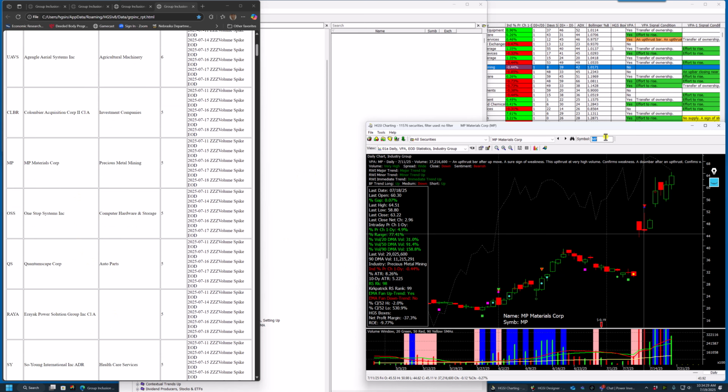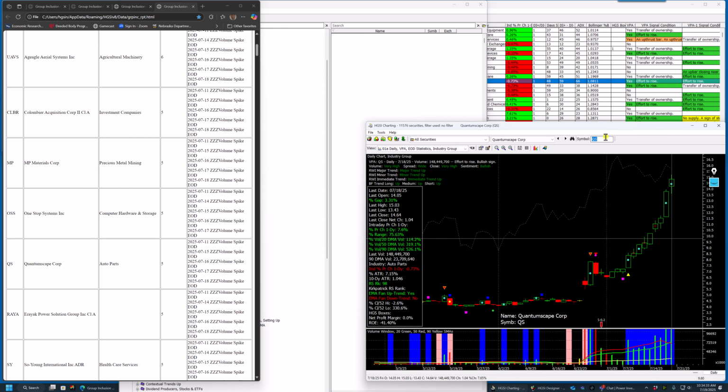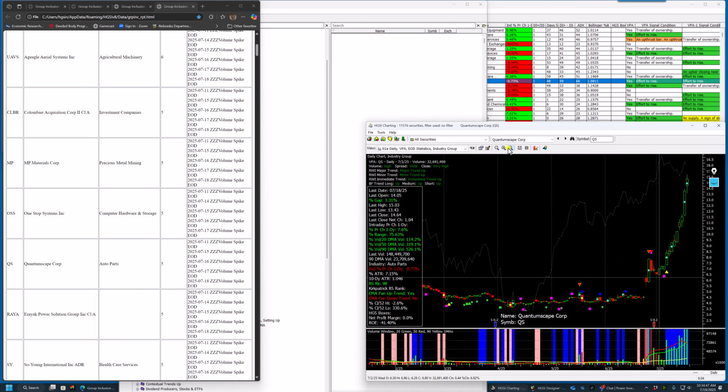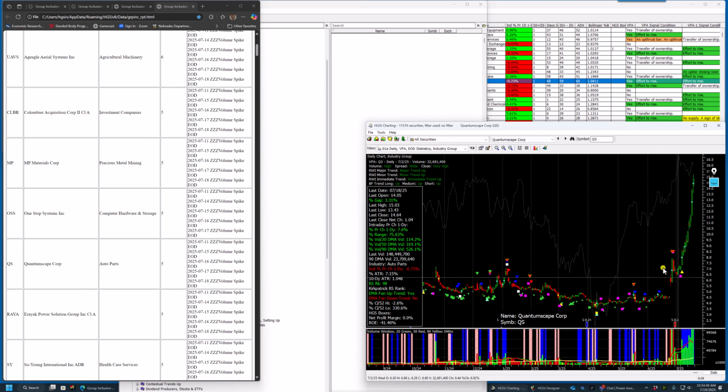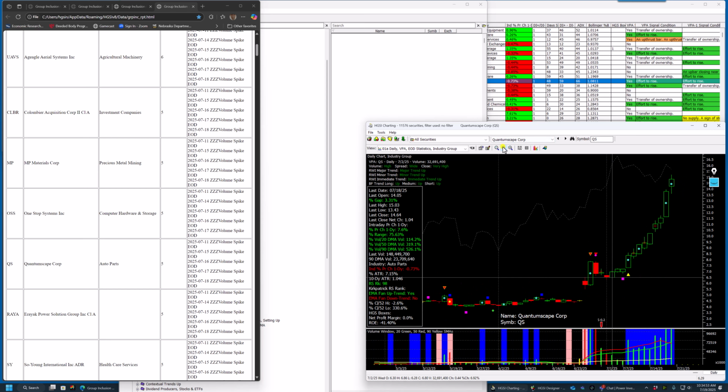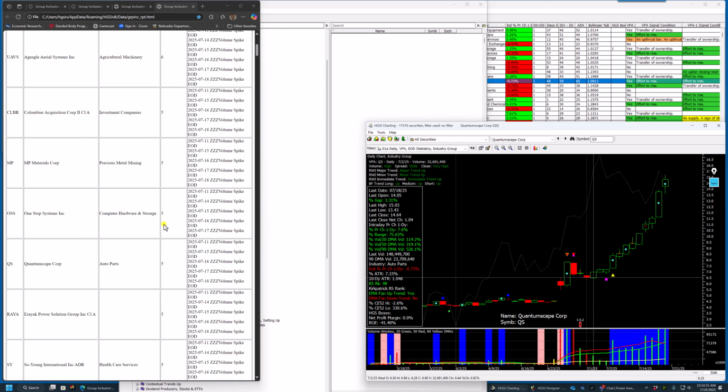This one has been, I was crazy not to jump on this. This is a solid state battery manufacturer, and they've just done a deal with an automotive company. I don't think it's in production yet, but it will be in the future. But it's just gotten totally out of hand. Look at this base on here. And then when the volume started coming in, and this was showing up in the scans every day that I was doing this.